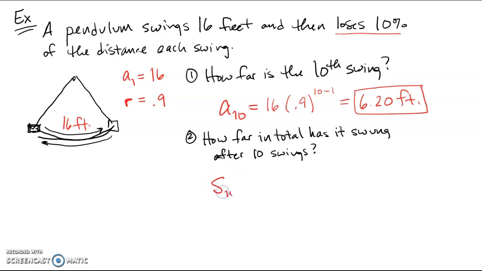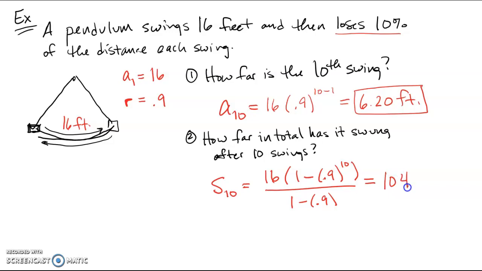The sum of those 10 swings is that other formula, 16 times (1 minus 0.9 to the 10th), right? So that one's to the 10th. Our previous one was to the 10 minus 1. All over 1 minus 0.9. Okay, and so it's a different problem, but very direct. Just plug and chug, go to our calculator, type it in very carefully, and you should get 104.21 feet.